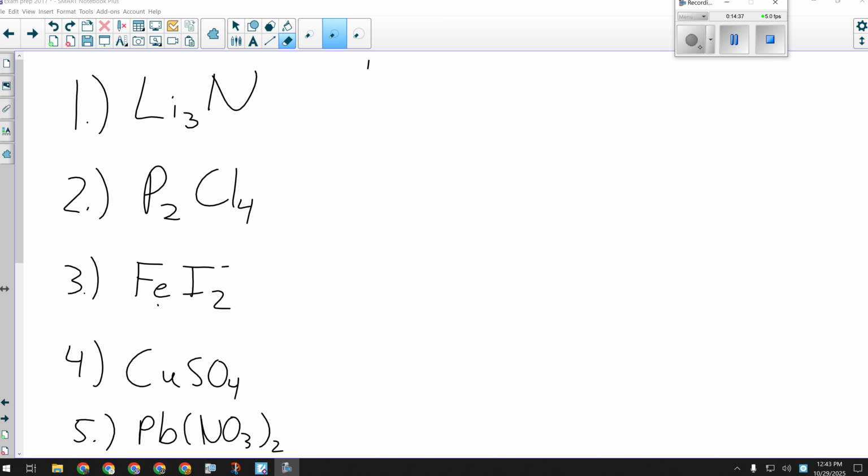So the rules for writing the names for an ionic compound are I write the name of the metal, and then I write the name of the nonmetal, but I make it end in -ide. So this would be lithium nitride. I don't need any Roman numerals because lithium only has one possible charge. It's ionic, so there's no prefixes. Simple as that. Ringing a bell?